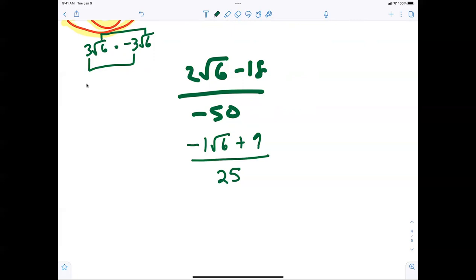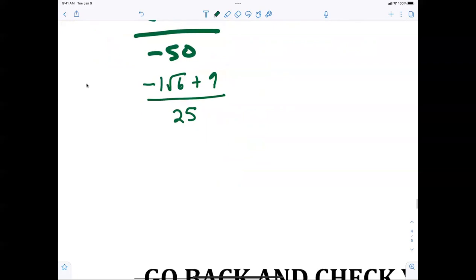All right. And that's what kids have trouble with. I'm trying to show you that if you're answering questions like I'm telling you, it's setting you up for the SATs, for the ACTs, for the ERBs. Those are the little types of things that are annoying to kids, right? If you put a negative on the bottom, the answer you're thinking is 1 radical 6 minus 9 over negative 25.